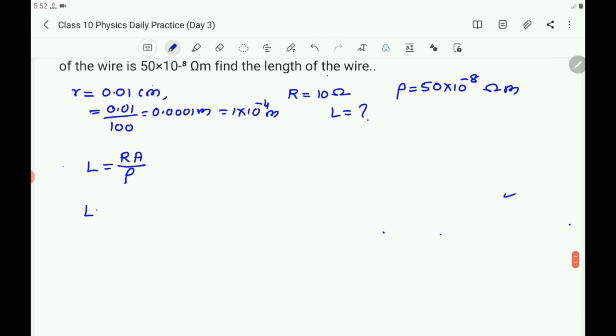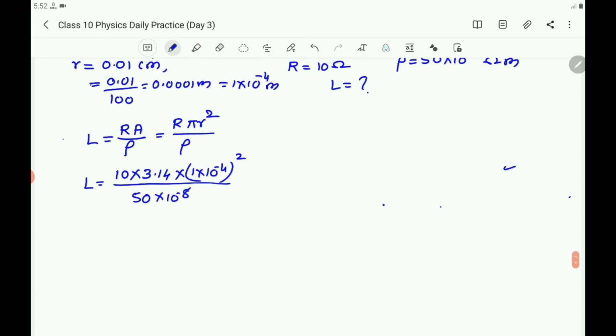Now write L equals R, that is given as 10, and A, the area of cross section, is pi r square. So write R into pi r square divided by the resistivity. Take the pi value as 3.14, and R is 1 into 10 power minus 4 whole power 2, divided by the resistivity 50 into 10 power minus 8.